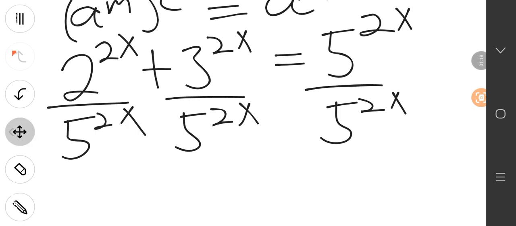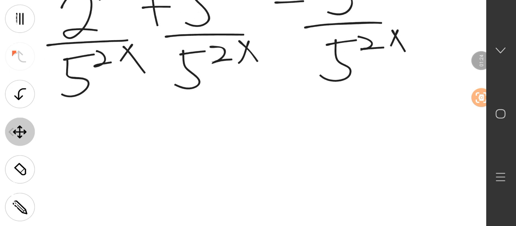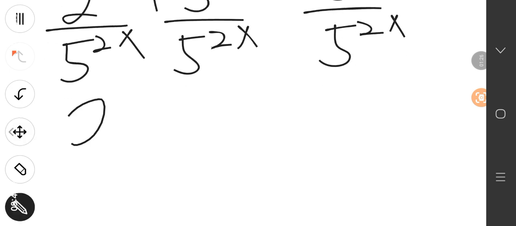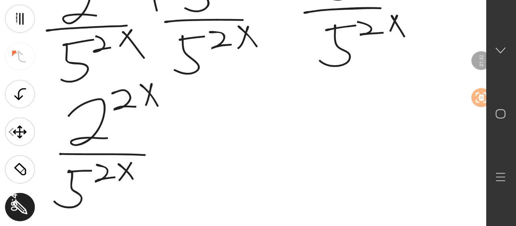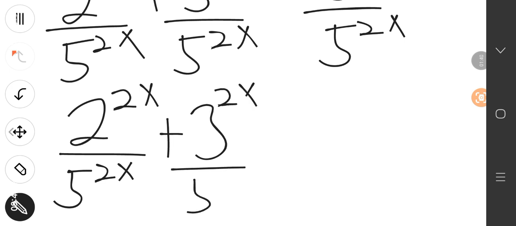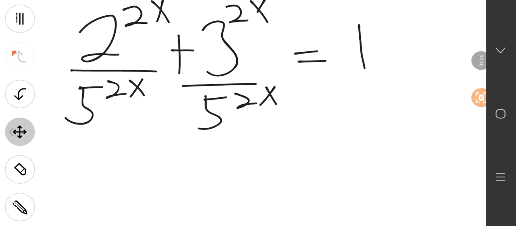Now anything over itself is 1, so this part will produce 1. So we're going to have 2 exponent 2x over 5 exponent 2x plus 3 exponent 2x over 5 exponent 2x equals 1. All right, so this is what we have.